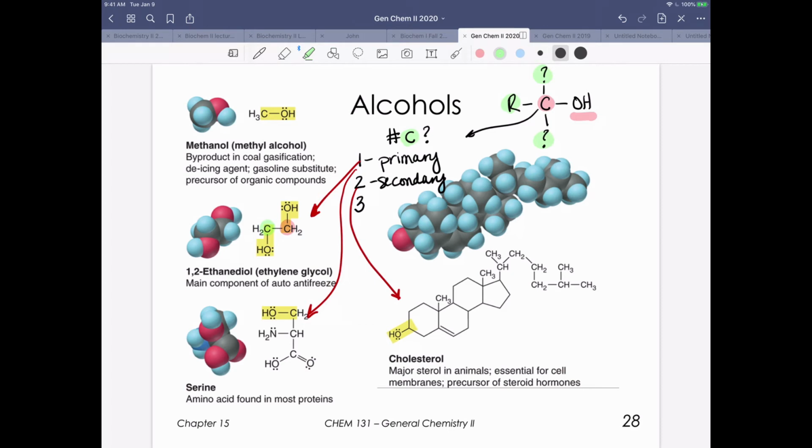So that's a primary alcohol. Again, this is a primary alcohol as well because the carbon that's bonded to the OH group is only bonded to one other carbon atom. Let's take a look at this other one. Here's the carbon atom. So we need to ask how many carbons is that bonded to? And it's bonded to two. So that's a secondary alcohol.